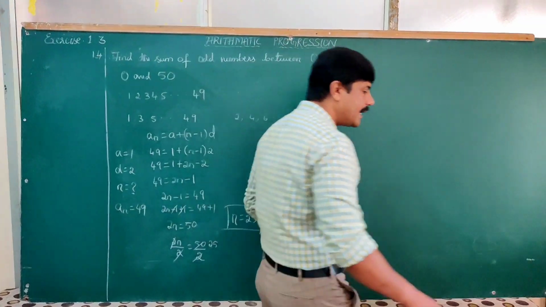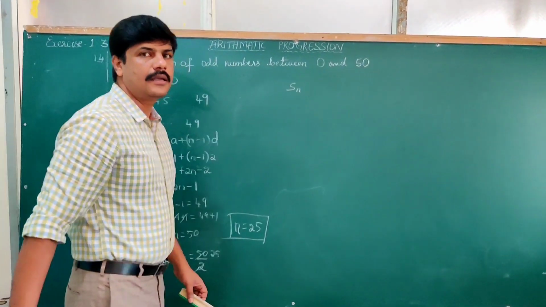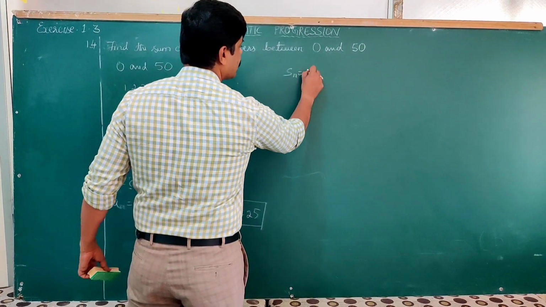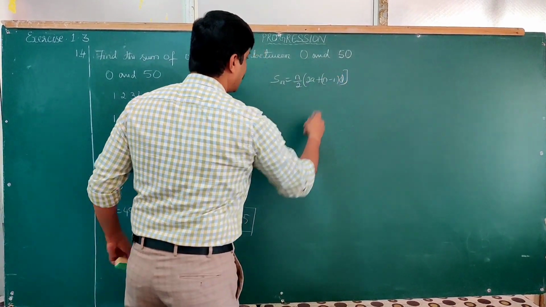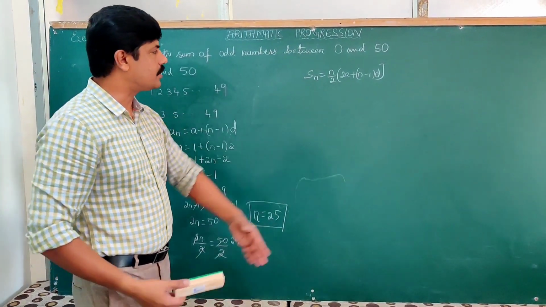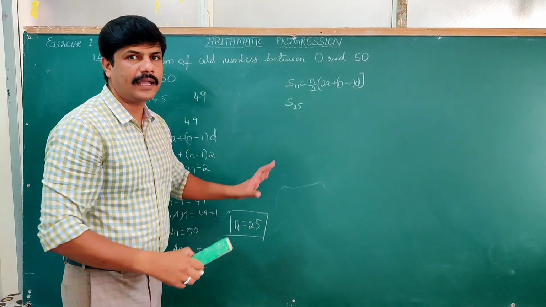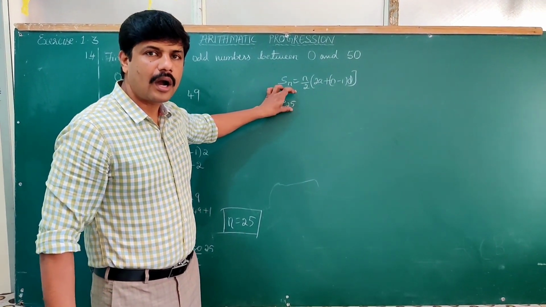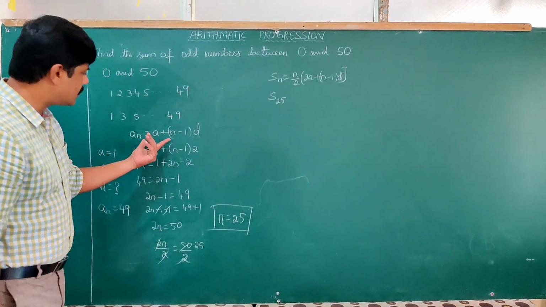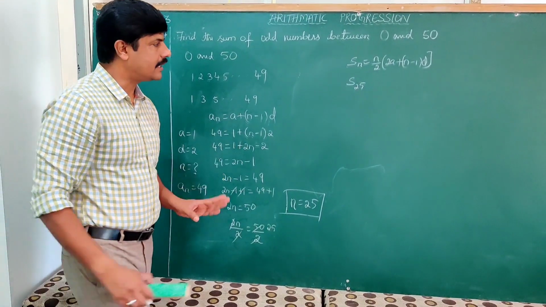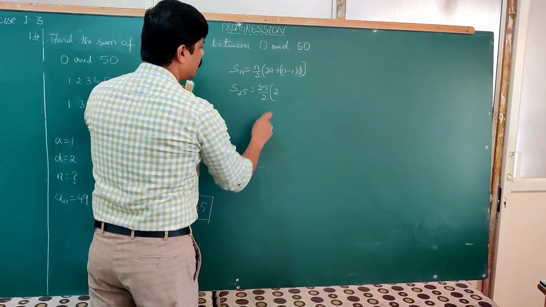Once we get the n value, then you can directly take the sum of n terms formula. Sn is equal to n by 2 into 2a plus n minus 1 into d, and with all the available data, you can substitute. S25 now. Why S25? There are 25 odd numbers between 0 and 50. How did you find that? By using this formula. S25 is equal to 25 by 2 into 2 into, what is a?